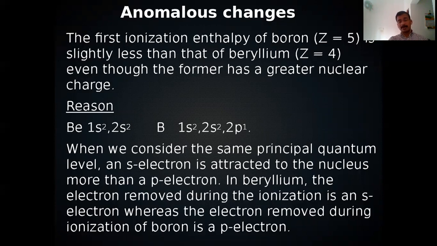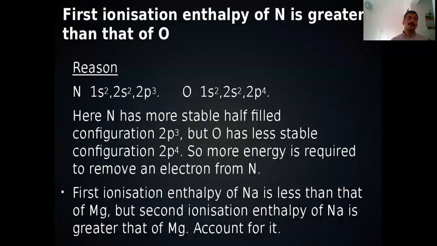Now we observe another such variation in the case of nitrogen and oxygen. First ionization enthalpy of nitrogen is greater than that of oxygen. What is the reason for that? Again, we have to consider the electronic configuration. Nitrogen: 1s2, 2s2, 2p3. Oxygen: 1s2, 2s2, 2p4. 2p3 is exactly half-filled.